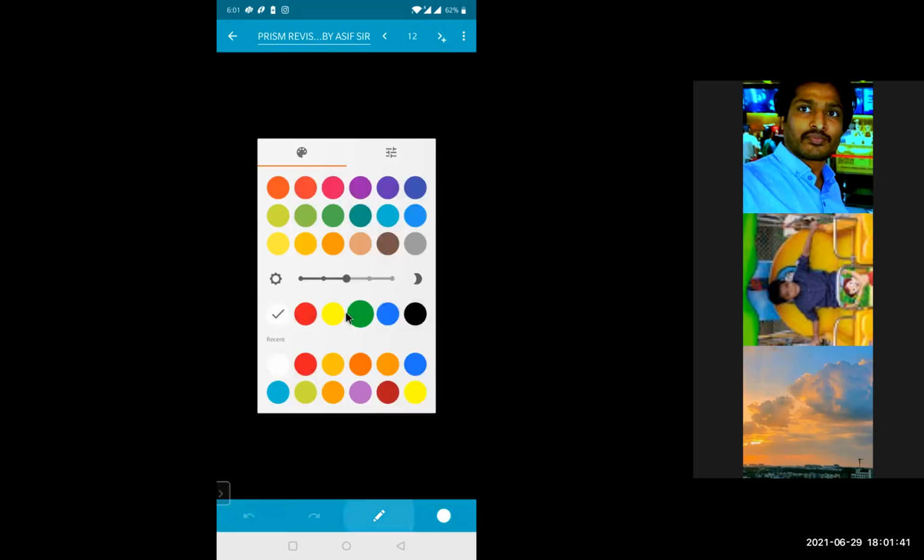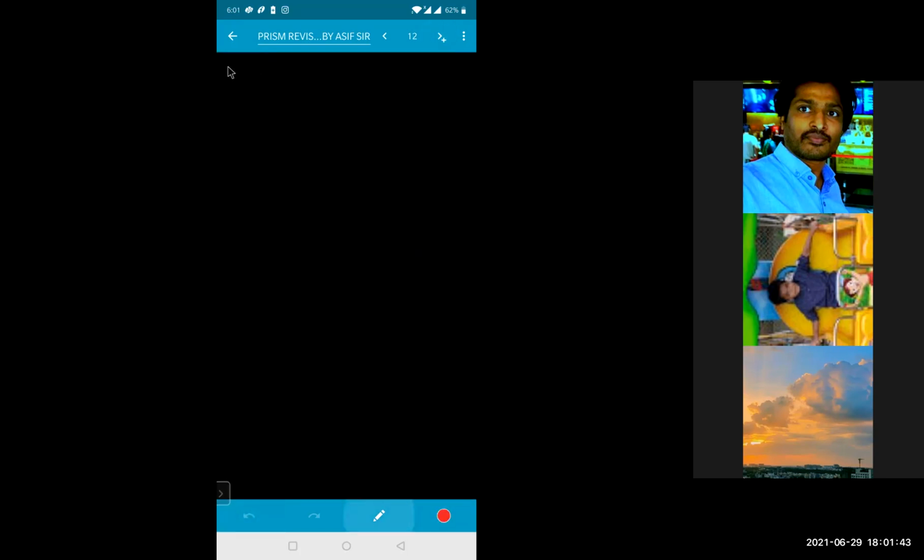So the next concept is the dispersion of light. What do you mean by dispersion of light, beta?